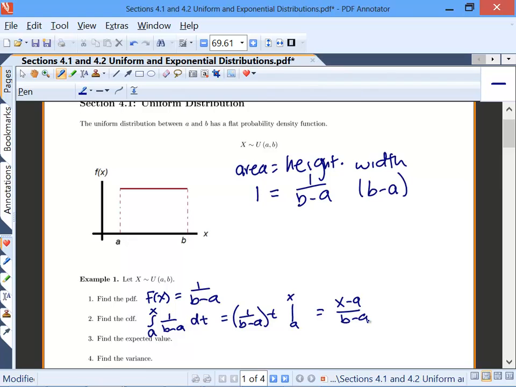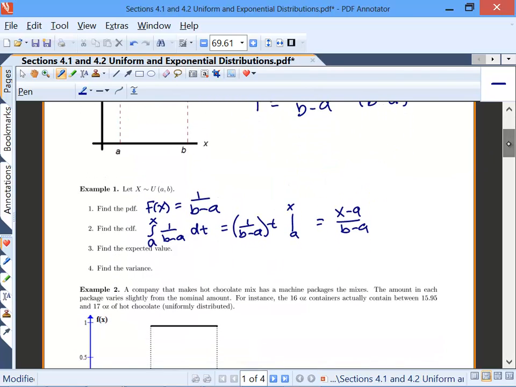Notice how all of these formulas are dependent on your endpoints. If I wanted to find the expected value, what's our formula for expected value? We have to integrate over the entire region, so from A to B, x times our PDF, which is just 1 over B minus A, dx.